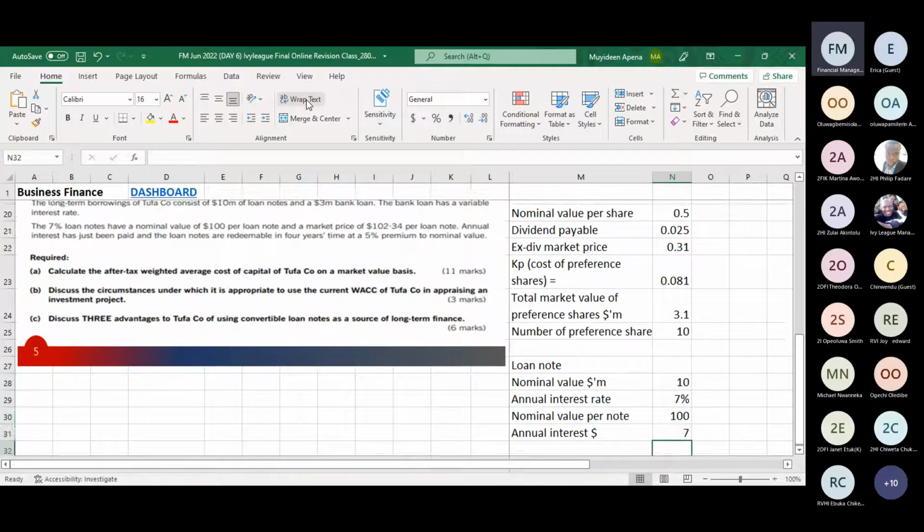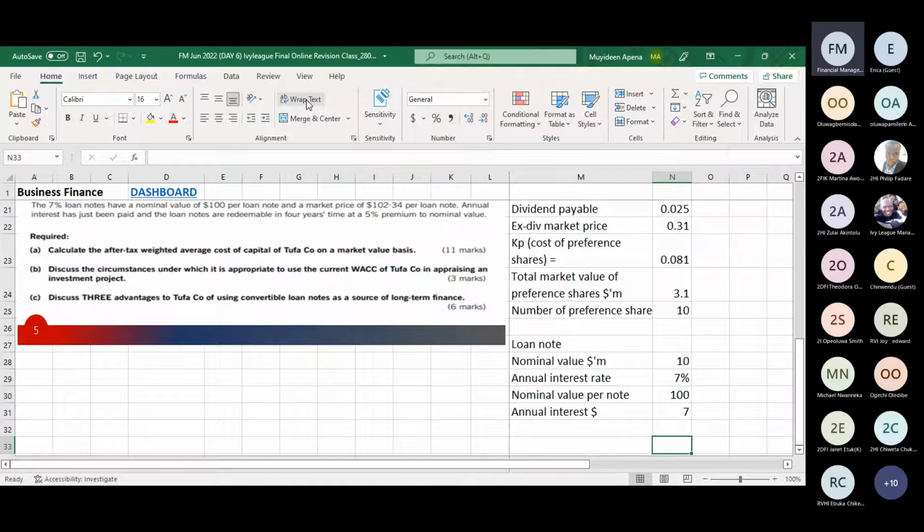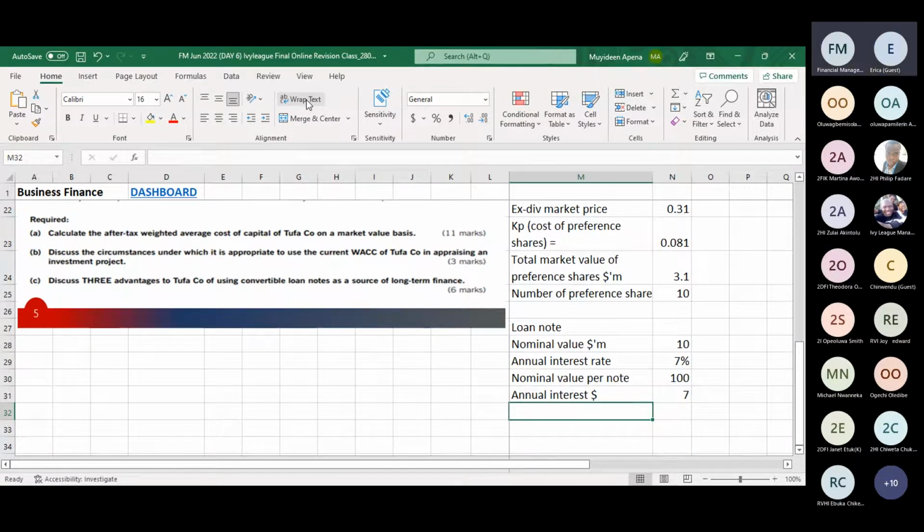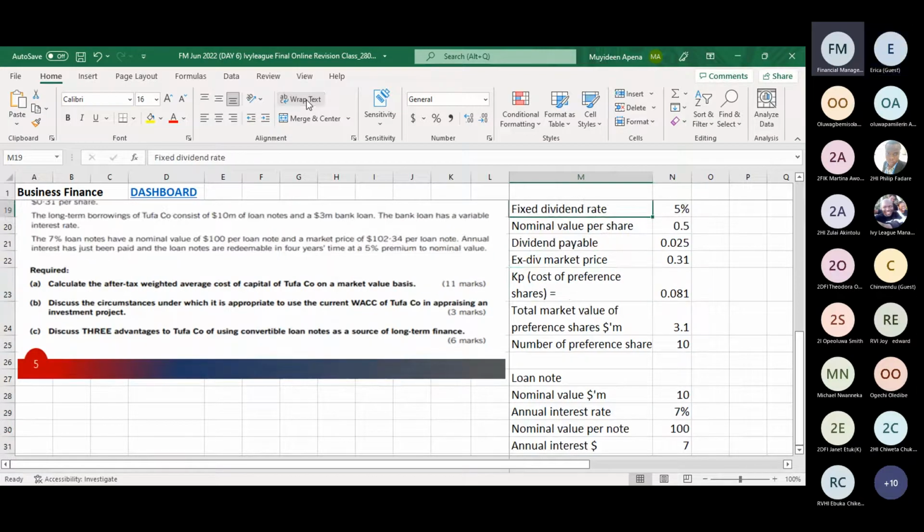We are also told that it's a market price of 102.34. And we are told that the annual interest on it has just been paid. So when you hear has just been paid, the implication is that that market price per loan note given to us is an ex-interest market price. If it is that the interest will be paid in the near future, then we can say that that market price given to us is a cum interest market price.